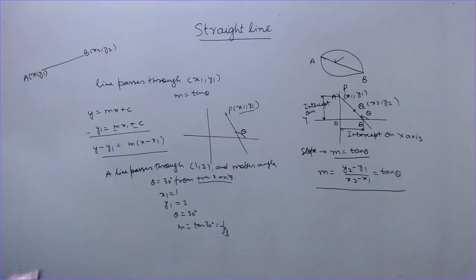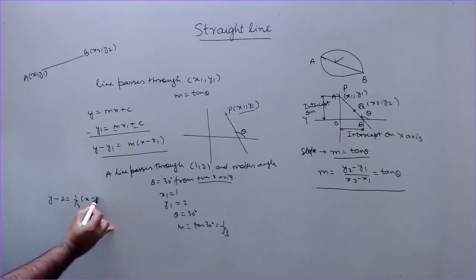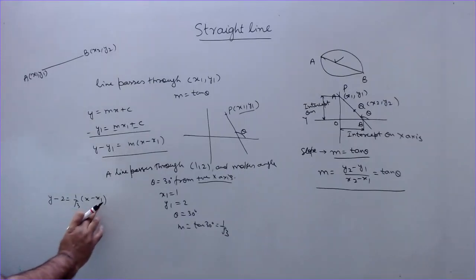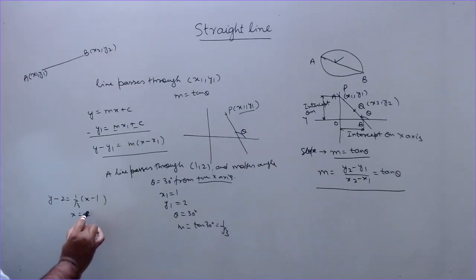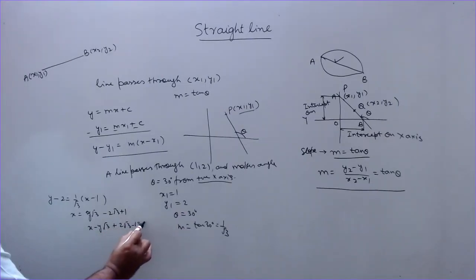So the line has the equation y minus y1, that is 2, equal to 1 by root 3 times (x minus x1). You can simplify this, and x1 here is 1. So we can simplify this and we can write x is equal to y root 3 minus 2 root 3 plus 1, or x minus y root 3 plus 2 root 3 minus 1 is equal to 0.